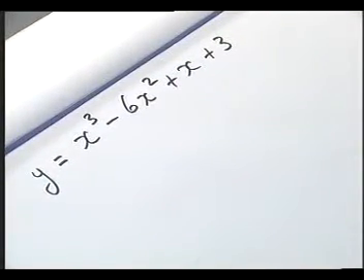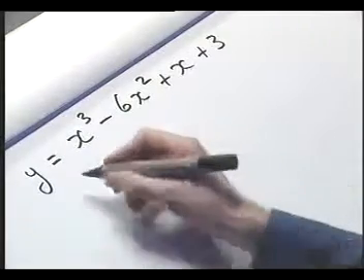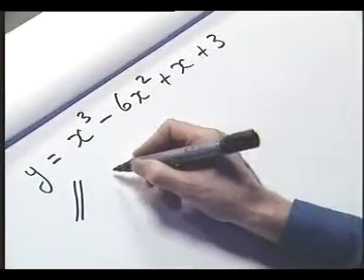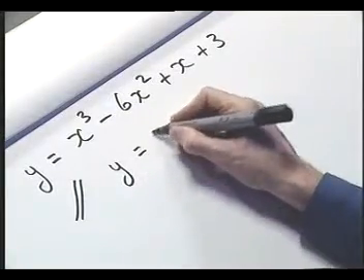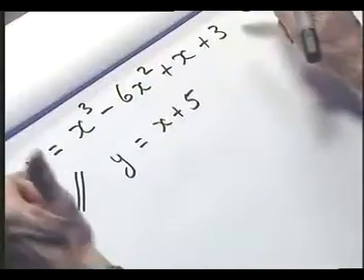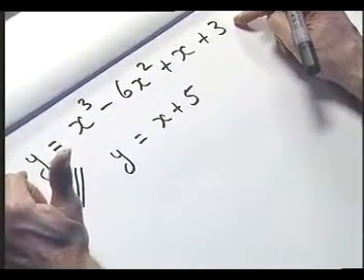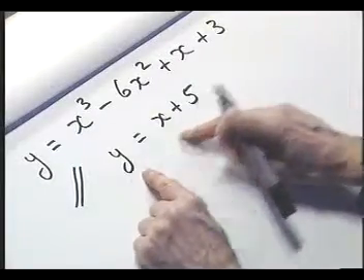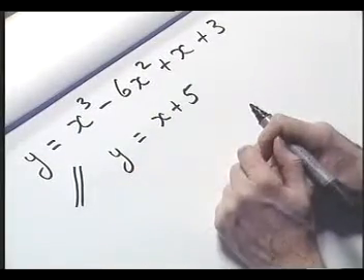And what we want to find are what are the equations of the tangents that are parallel to the line y equals x plus 5. So here's our curve, and what we want are the equations of the tangents parallel to this line.